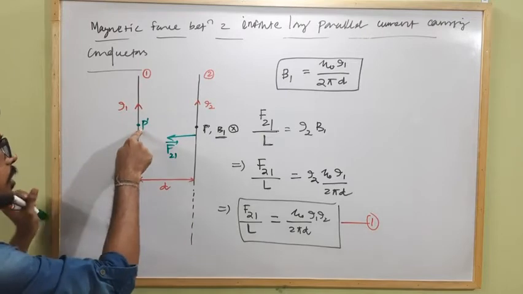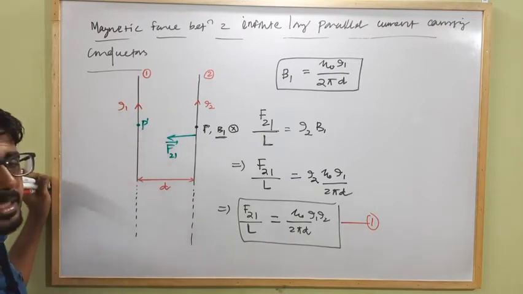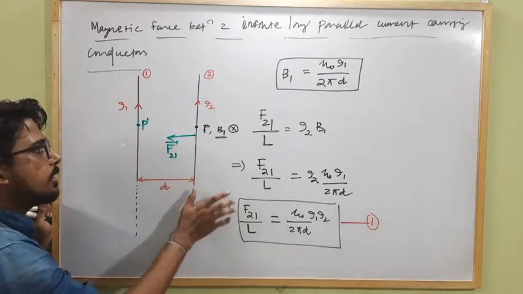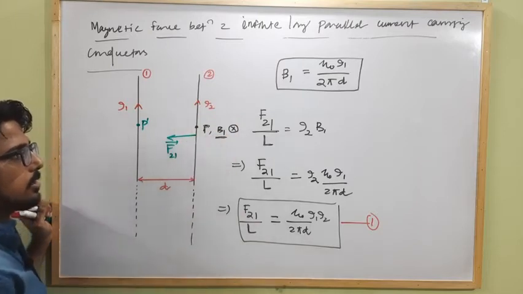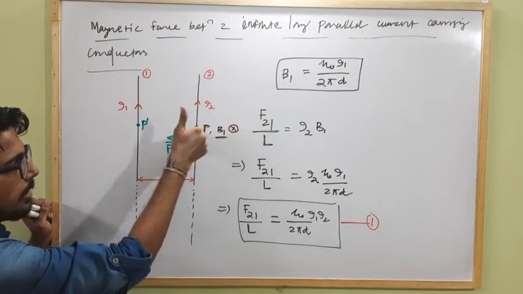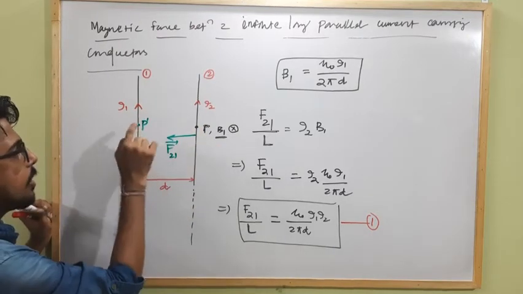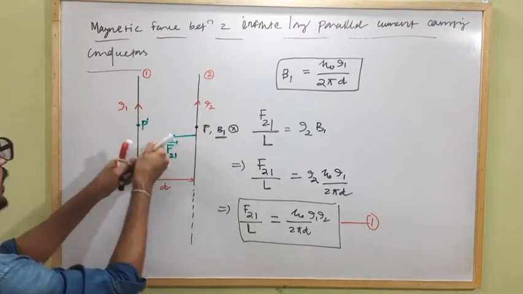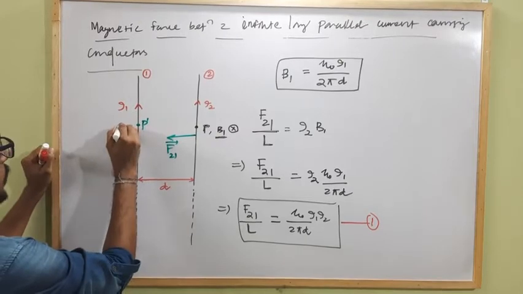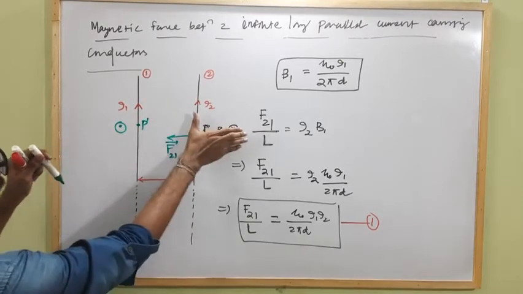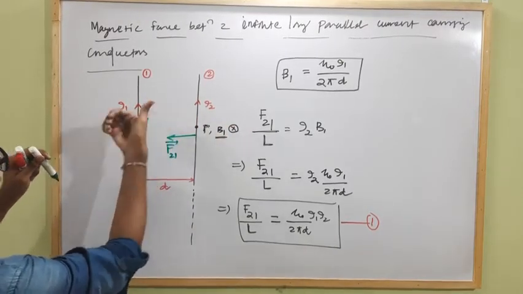As the current is flowing upward, it will produce a magnetic field in anti-clockwise sense. So at point P dash, the magnetic field direction will be out of the plane.